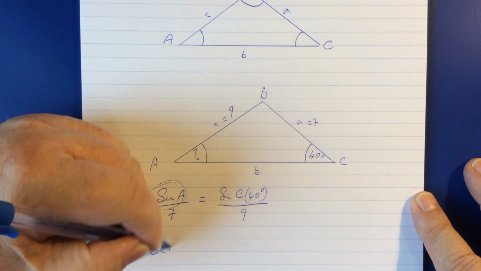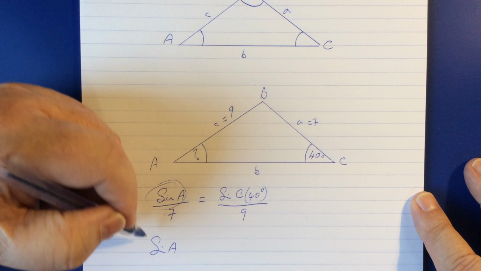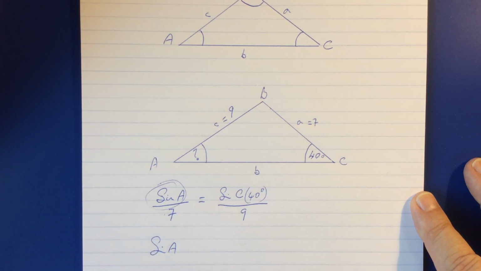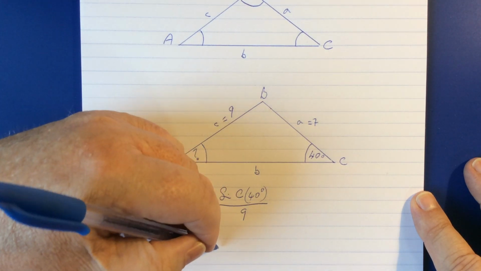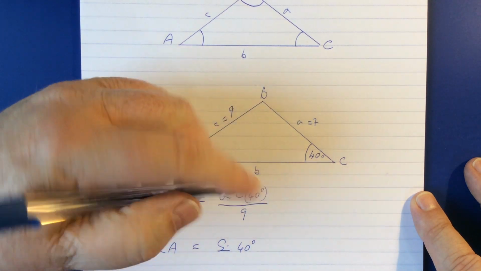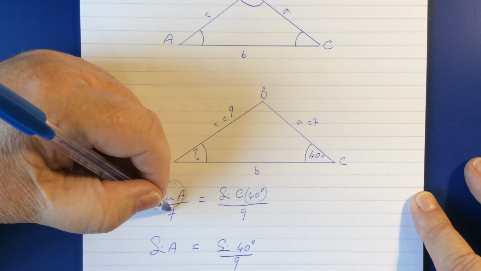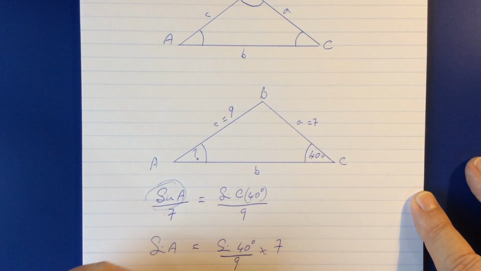The sine of A, this is how I write the word sine, just an S with a squiggle. I've got really terrible handwriting, and I apologize, but you'll get used to this, is equal to the sine of 40 degrees, that's C, over 9, and we're going to move the 7 times 7.